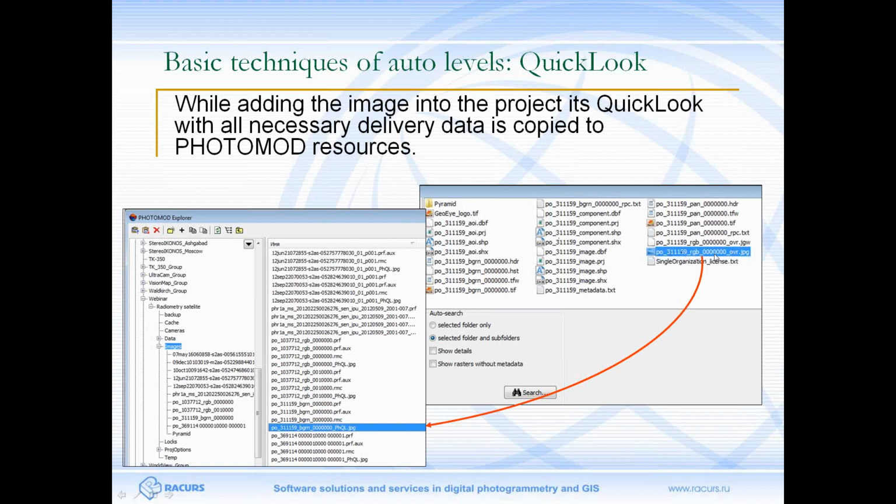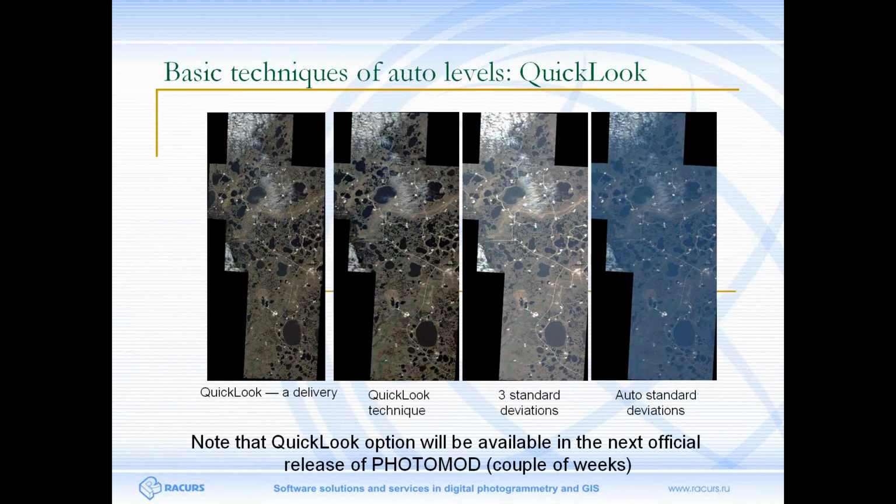The names of files are different for different sensors, but PHOTOMOD recognizes all of them, copies it to the project, and names it in such a way that PHOTOMOD understands what it is. Again, it is a sample, the quick look itself and PHOTOMOD radiometric processing of the source image look very similar, as you can see.